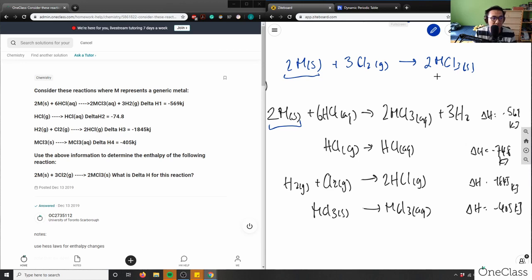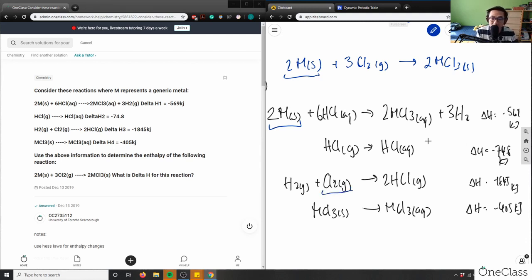So 2M solid, good. So I need to use this first equation here. Where can I find 3Cl2? I can find Cl2 on the reactant side with this formula here, right? But I only have 1 Cl2 here.